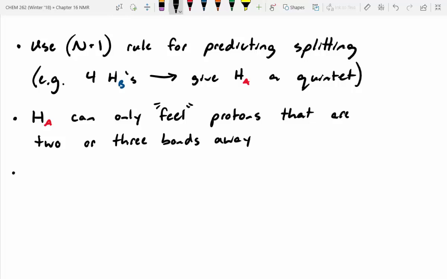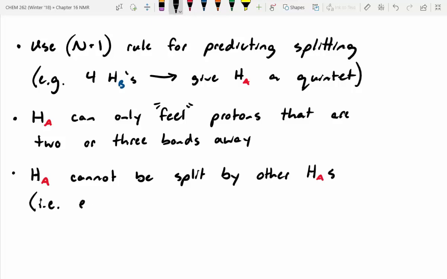And then last but not least, HA can't be split by other HAs. That is to say, equivalent protons don't split one another.